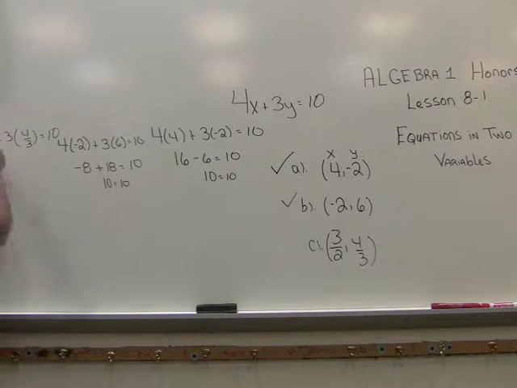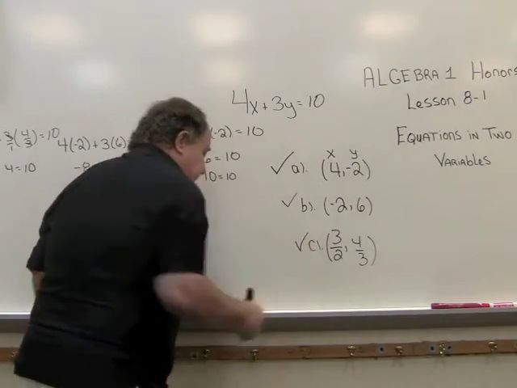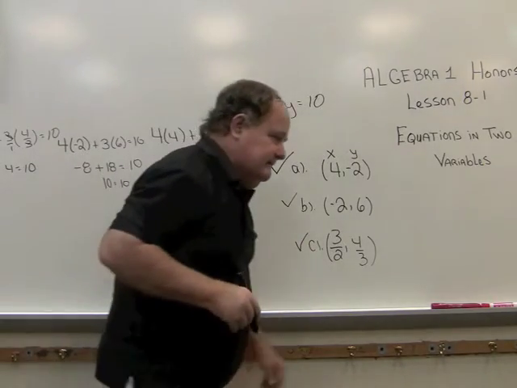And we can cancel out. 2 goes into 2 once, so this answer will be 6 plus, and the 3's will cancel out, and I'll have 4. 6 plus 4 equals 10. So as you can see, all three of these were solutions to this problem.